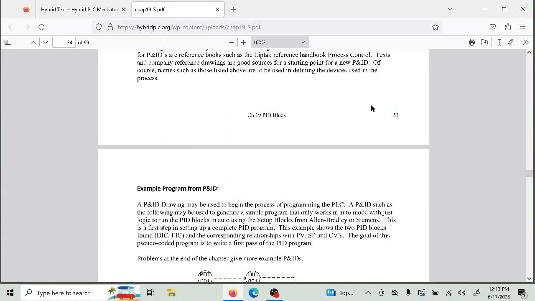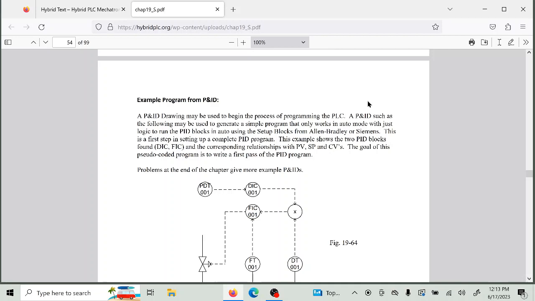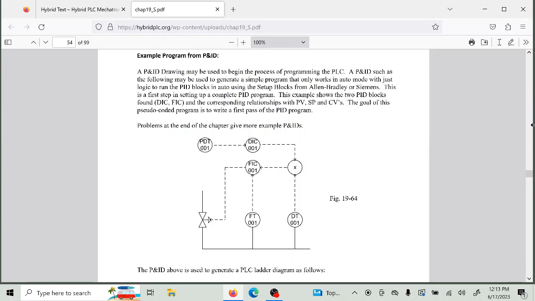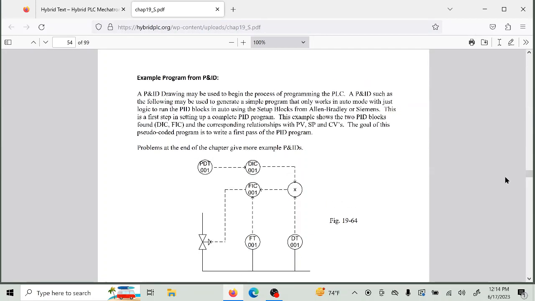Here, now we talk about what I call pseudo programming, but it really is just a beginning exercise to start you to be able to write a PID program. We talk about identifying from a PID the controllers and matching up the set points, process variables, and the outputs to various devices.